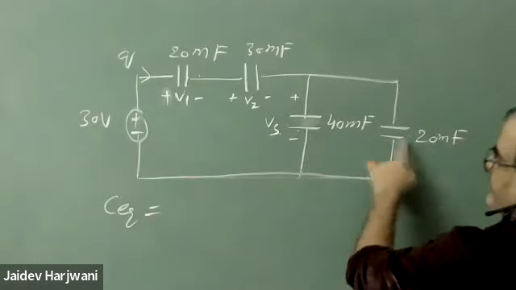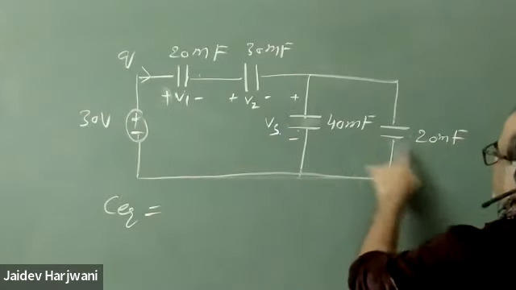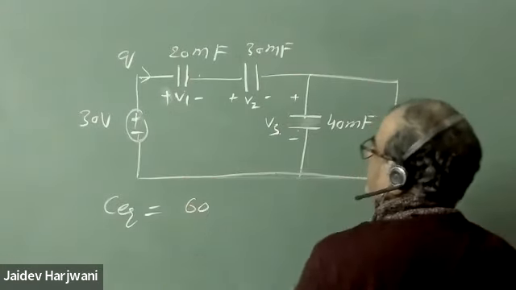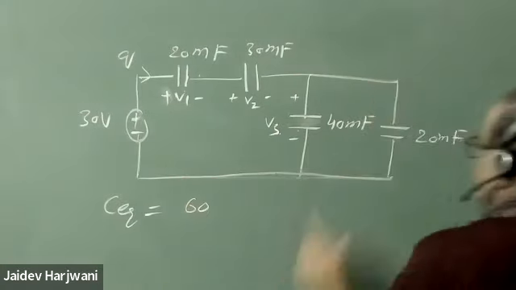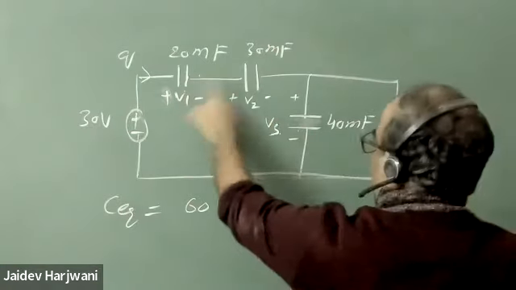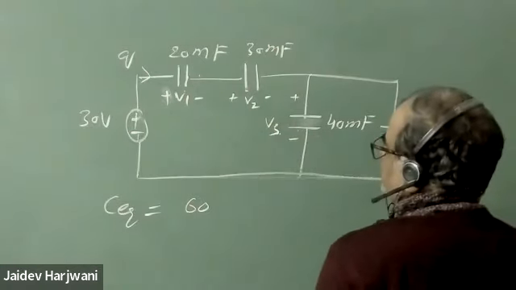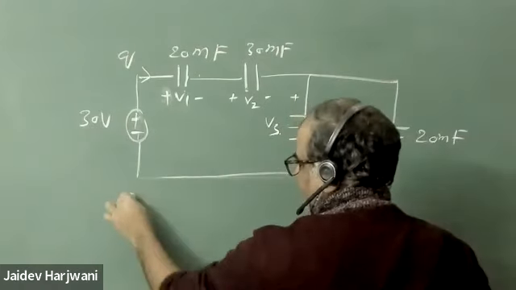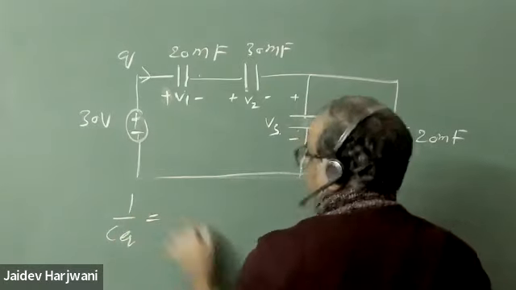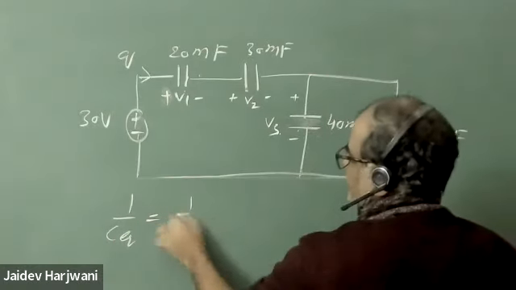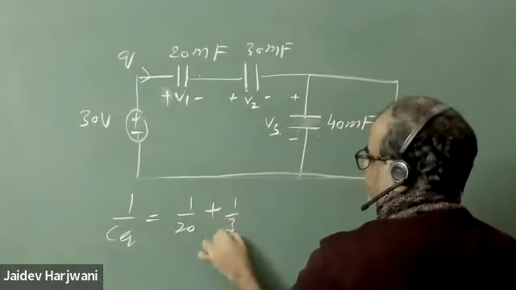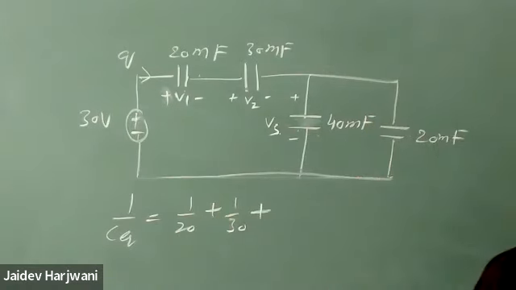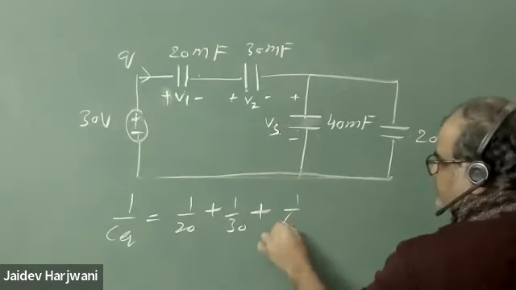So C equivalent will be what? These two are in parallel, so I can add them simply. So this becomes 40 plus 20, 60 millifarad. Okay, and then once they are 60, these 1, 2, and 3 are in series. So how can I add in series? 1 upon C equivalent equals 1 by 20 plus 1 by 30 plus 1 by 60.